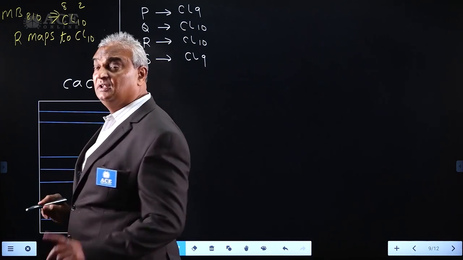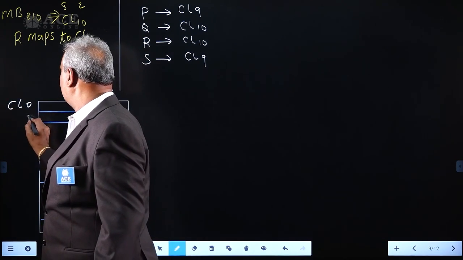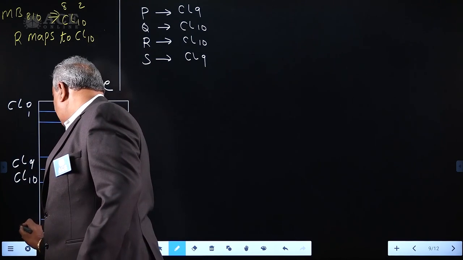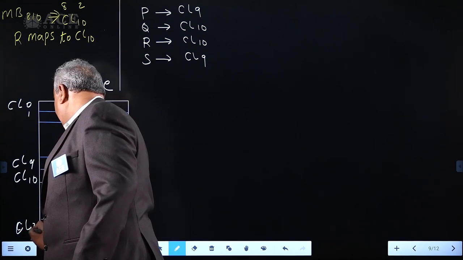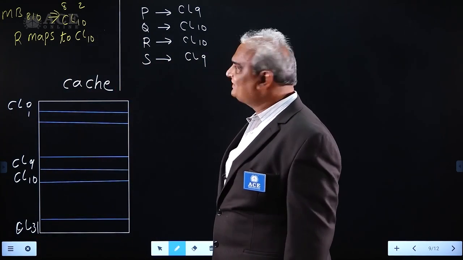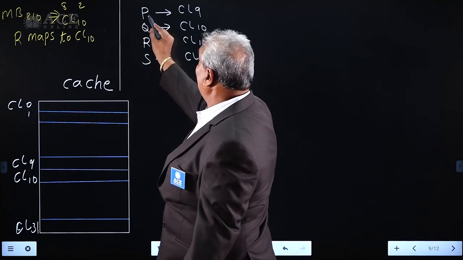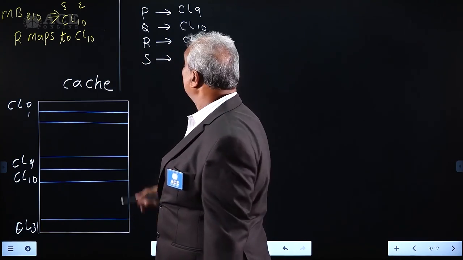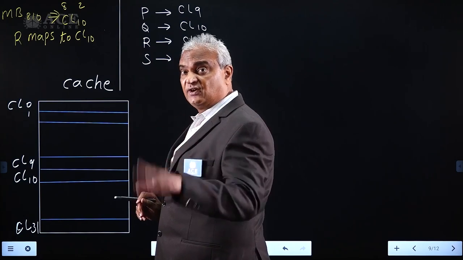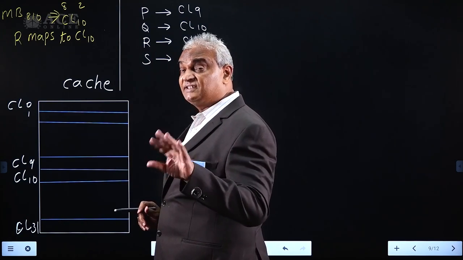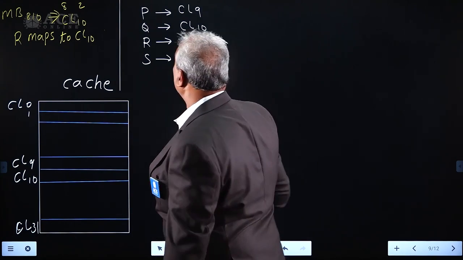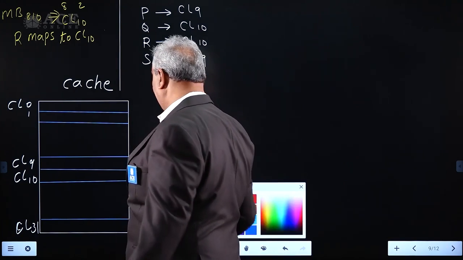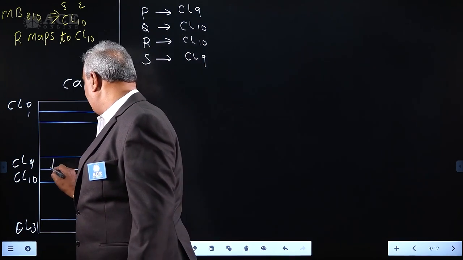How many lines are there in this cache memory? 32. Those are CL0, CL1, like that up to CL9, CL10, and the last one is CL31. These are cache lines. Now, the mapping order is like this. First of all, the processor accesses P, next Q, next R, next S. Initially, the cache is empty. For accessing the first 4 words for the first time, P maps to CL9. First of all, P goes there.